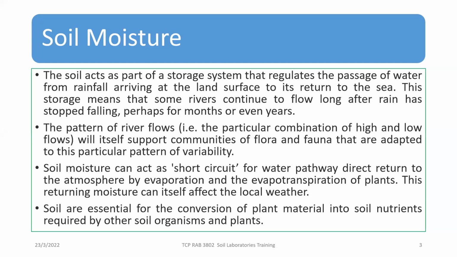The moisture stored in the soil will at the end be absorbed by the plant, and then, as you know, the plant conducts the process of evapotranspiration, and this water is evaporated to the atmosphere, and this can itself affect the local weather.